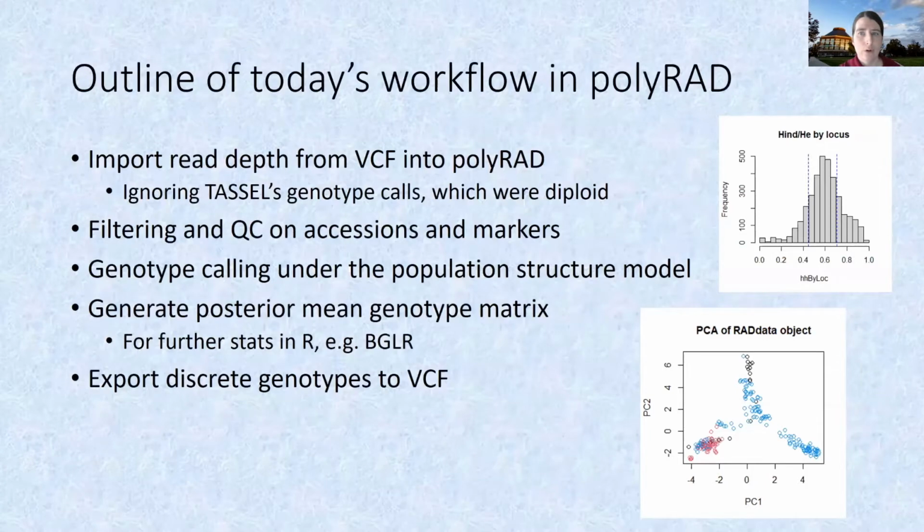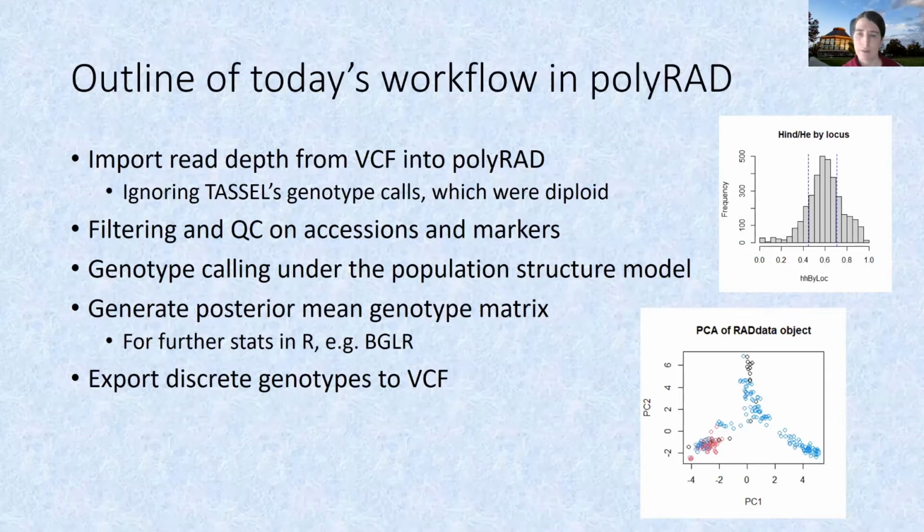All right, and so we're going to import that VCF into polyRAD. A VCF, if you're familiar with that format, contains genotype calls, but TASSEL only does diploid genotype calls. So we're going to completely ignore the genotype calls from TASSEL, but we're going to use the sequence read depth that comes from the VCF. We're going to do some filtering on accessions and filtering on markers and a couple of QC steps on the data.